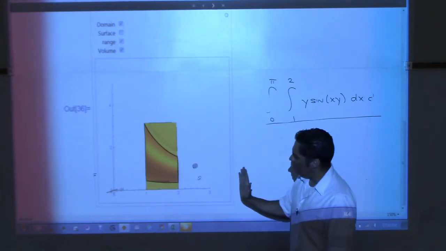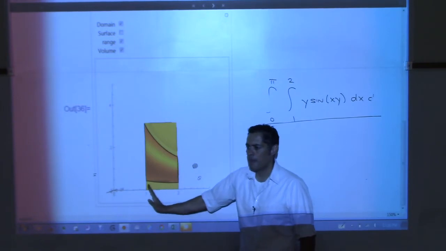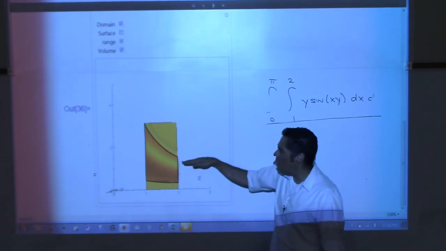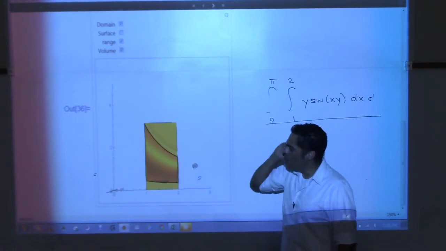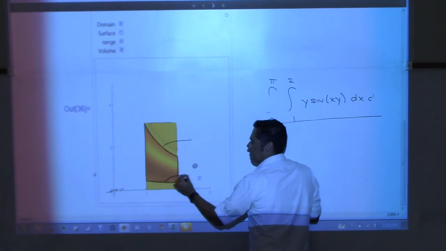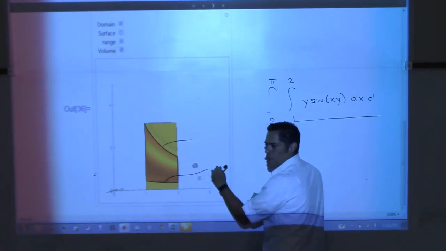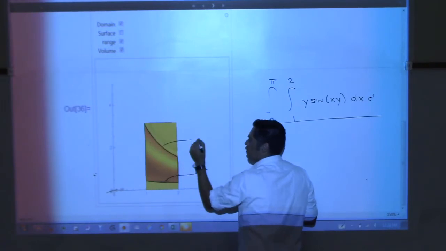But if you look at it appropriately, is our x still between 1 and 2? Yes? Is our y 0 to pi anymore though? No. Our y values are actually stuck between two functions, right? This curve is a function. Question is, what is it?